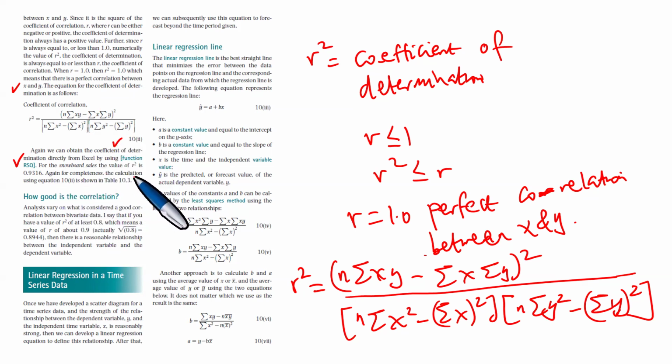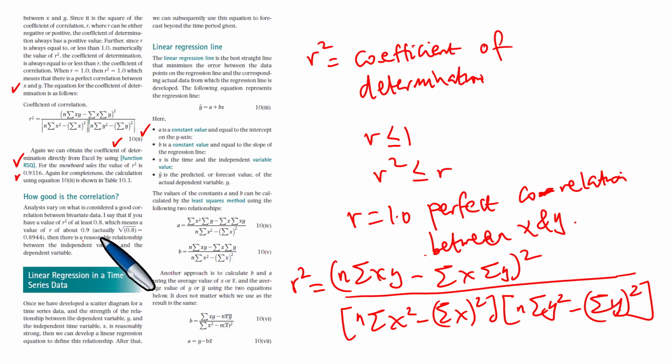For the snowboard sales, the value of R squared is 0.9316. Again, for completeness, the calculation using equation 10.2 for the coefficient of determination is shown in table 10.3. We saw that, where we calculated both the coefficient of correlation and that of determination in that example.